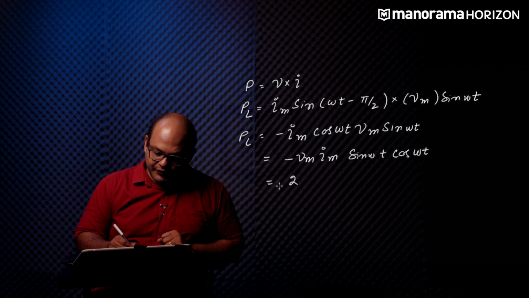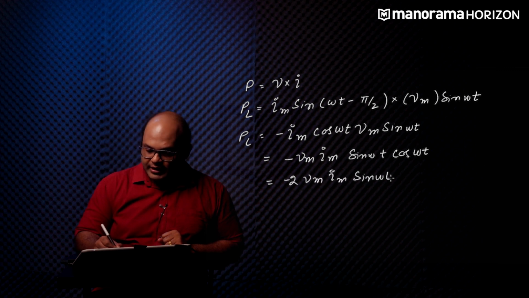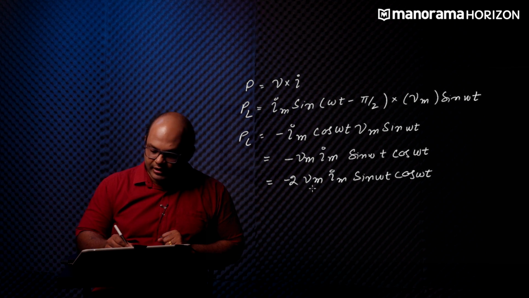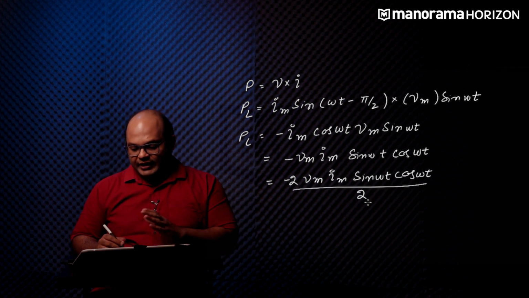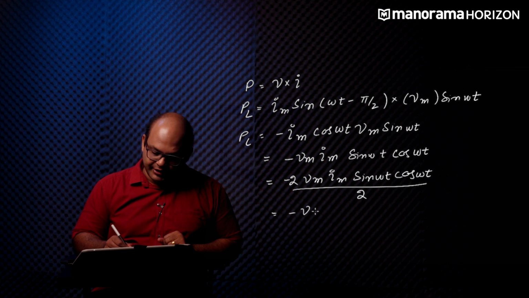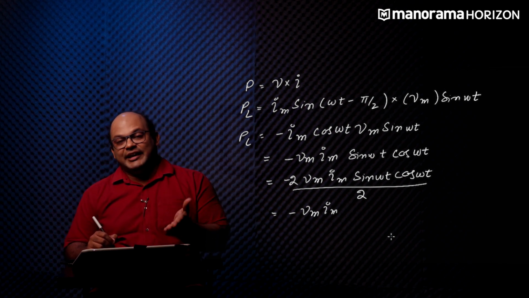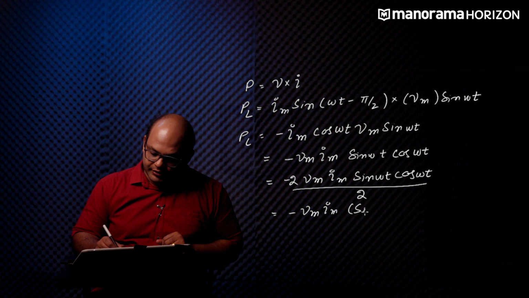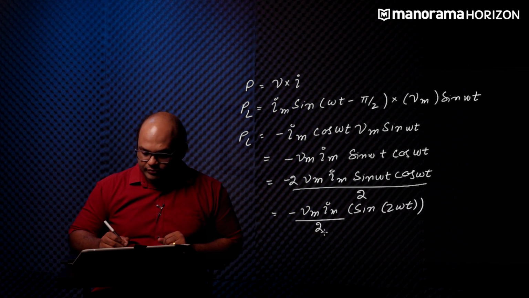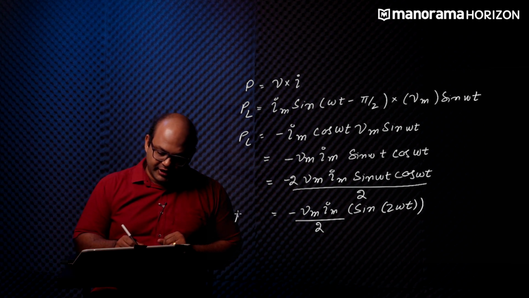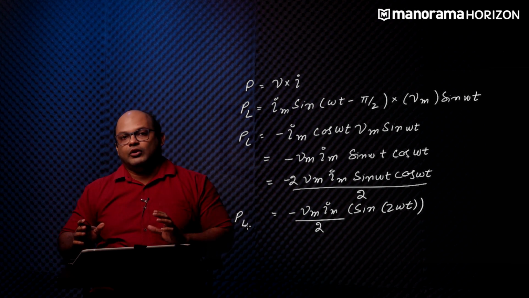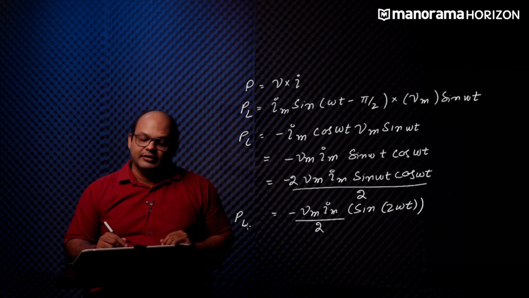So we have negative 2 Vm Im sine omega t times cosine omega t divided by 2. We can take out the constant terms, so this becomes negative Vm Im over 2, and you may know that 2 sine omega t cosine omega t can be written as sine 2 omega t. So this becomes negative Vm Im sine 2 omega t divided by 2. This gives us the instantaneous power across the inductor at any given time in this circuit.